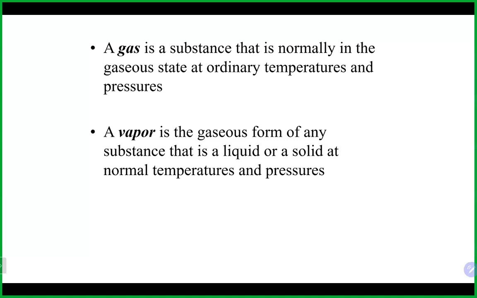That's why when we have water in the gas phase, we call it water vapor, because water gas just sounds funny. We call it water vapor because water is normally found in the liquid state, but can be easily converted into a gas. That's why we call methane gas, because it is normally found in the gas state under normal conditions. Any questions on that there?